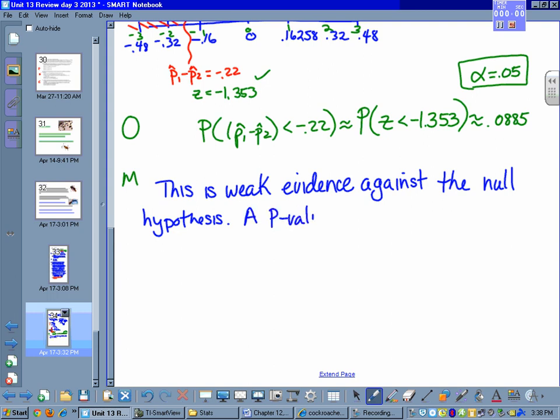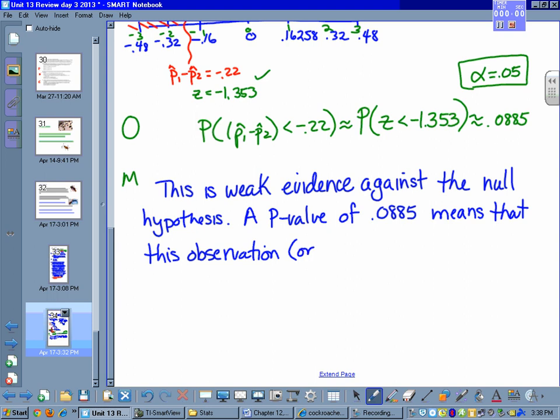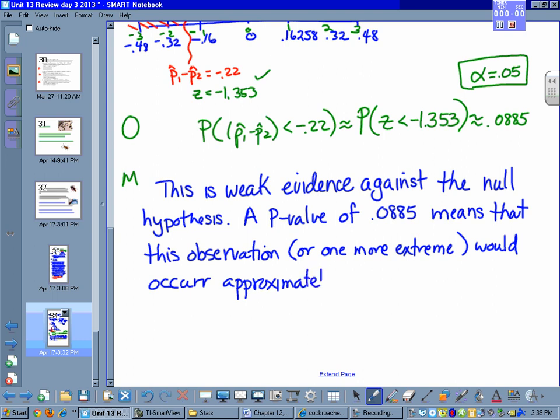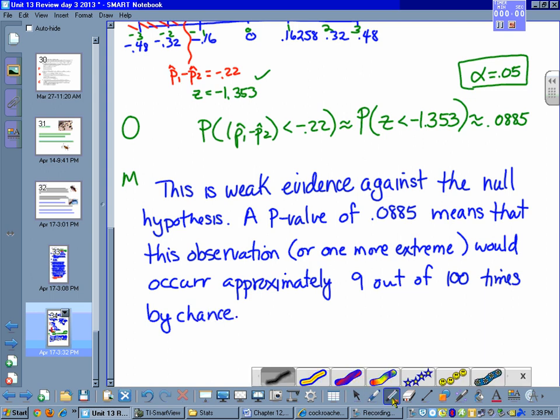A p-value of 0.0885 means that this observation, or technically one more extreme, would occur approximately 9 out of 100 times by chance. And I'm going to erase my mistake up there.